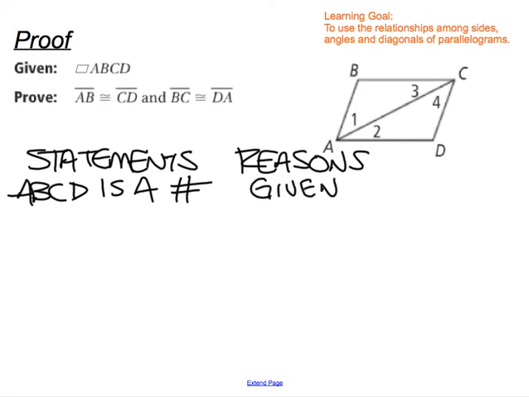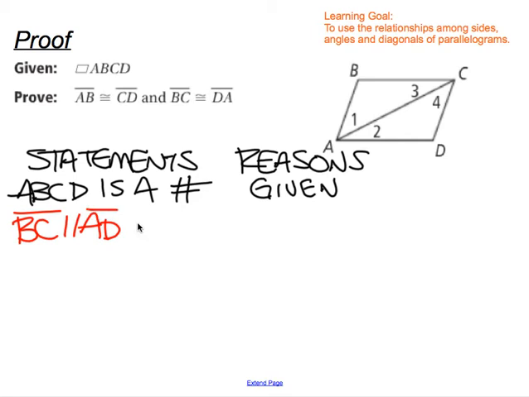Now, generally speaking, our proofs include four things: definitions, postulates, theorems, and properties. And the first thing that we're going to want to use here is a definition. So my definition that I'm going to use is the definition of a parallelogram. So I'm going to say that segment BC is parallel to segment AD.